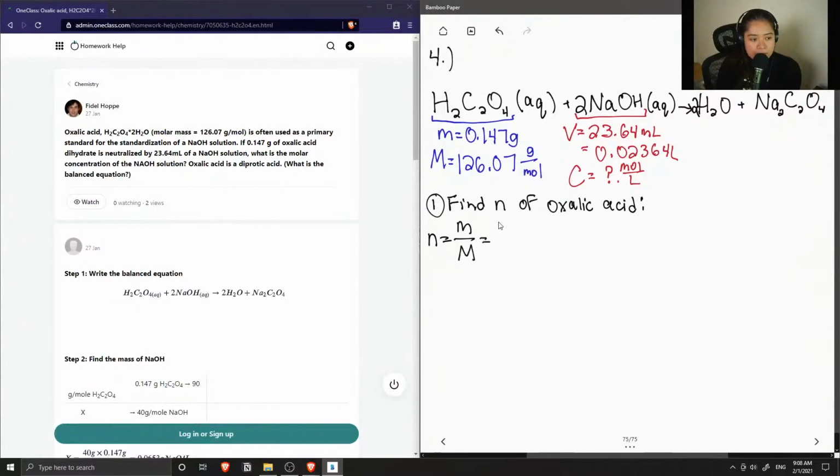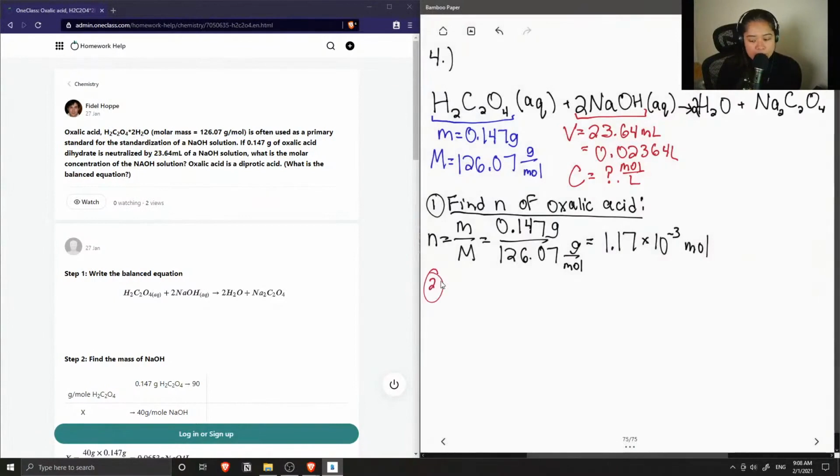So the mass of oxalic acid was 0.147 grams. Its molar mass was 126.07 grams per mole. And if we divided the two, we get around 1.17 times 10 to the negative 3 moles.